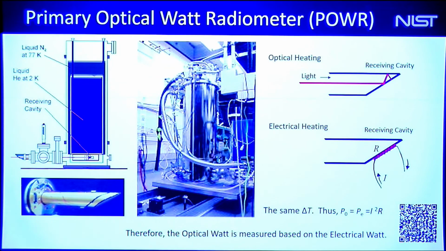So what we typically do is we use what they call electrical substitution. So I have a cavity that's kept at liquid helium temperature, and I put a laser into this cavity that absorbs all the light, and it creates a temperature rise. I turn off the laser. I have a resistor on that cavity. I put in a certain amount of electrical power to create that same temperature rise.